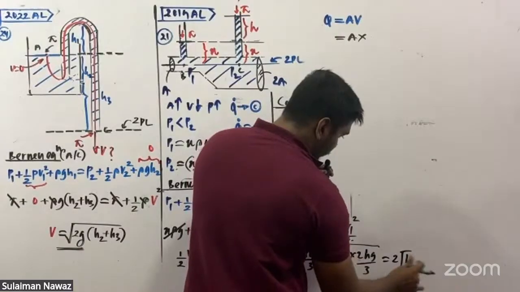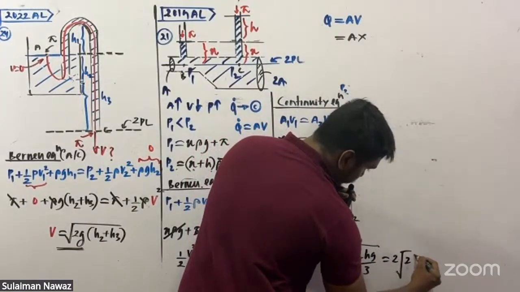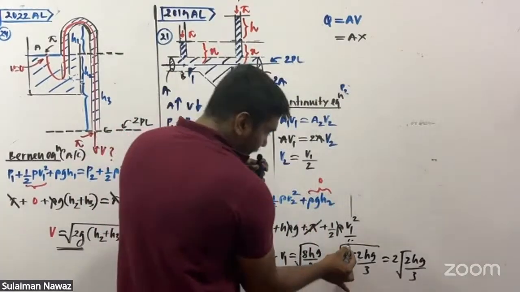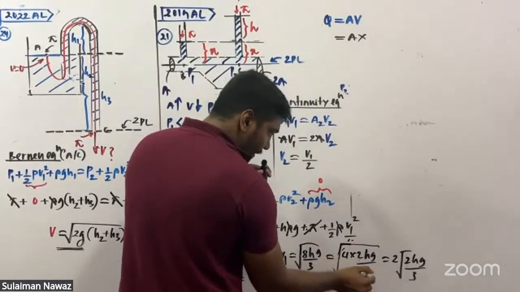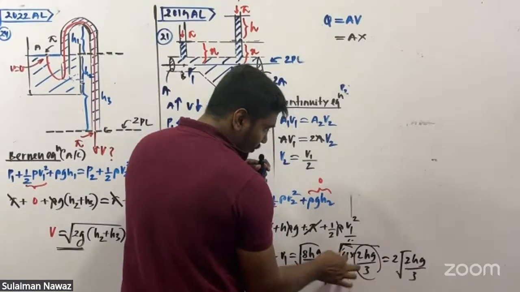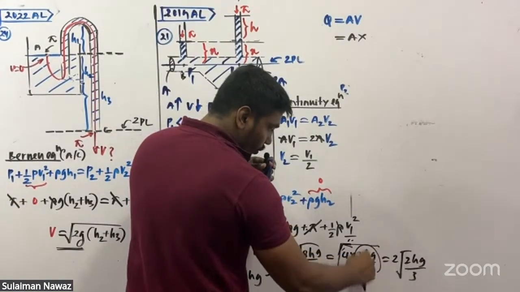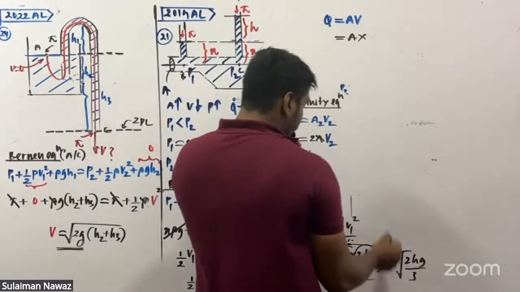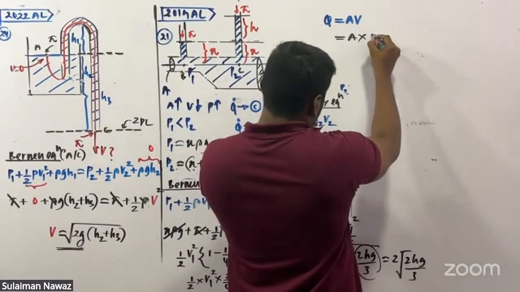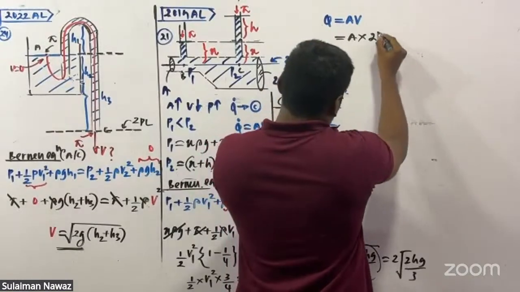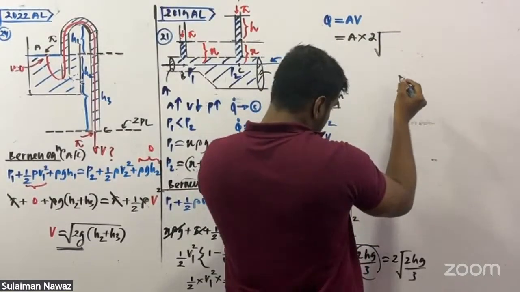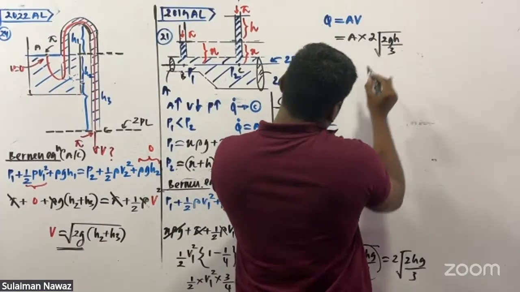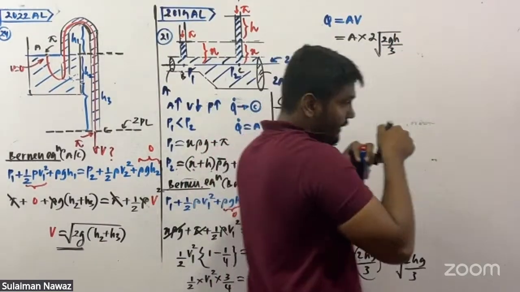So root 4 gives 2, and the remaining part is root of 2 hg over 3. Then A times velocity is 2A root of 2 hg over 3.